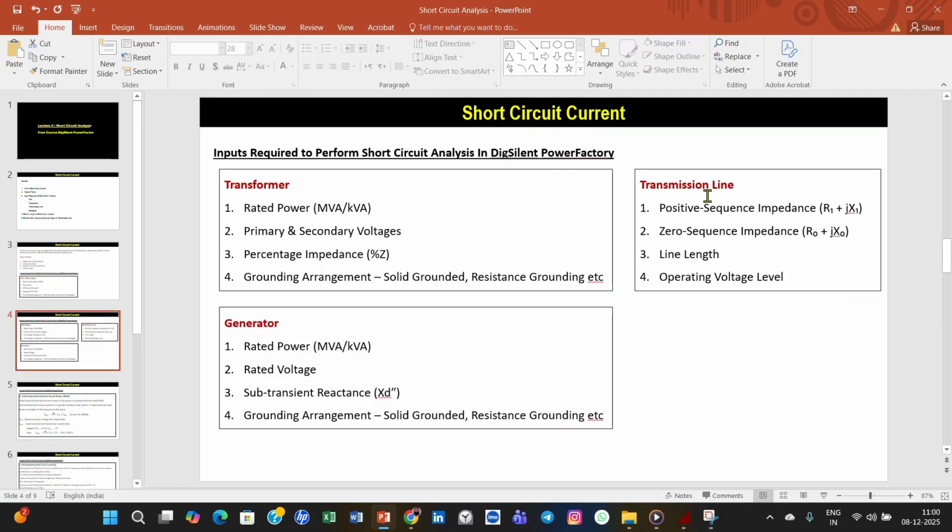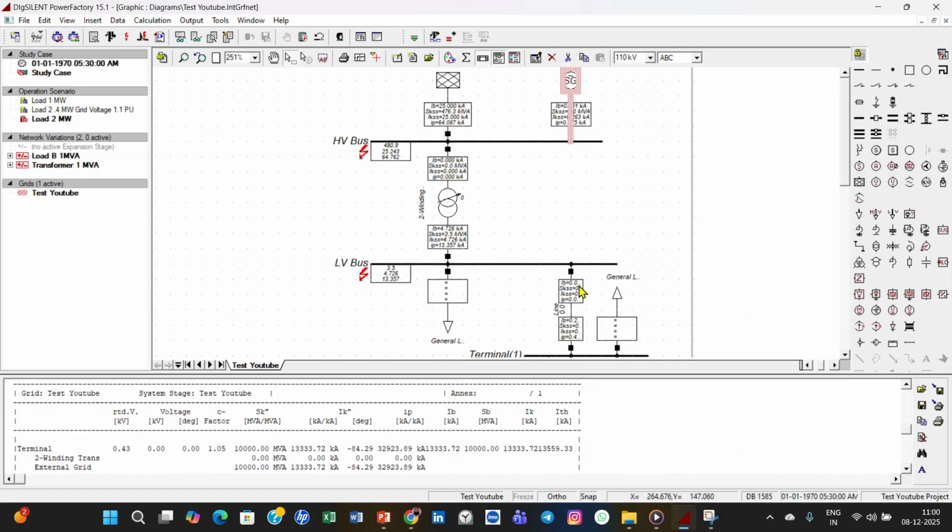Then the transmission line. For the transmission line you have to define the positive sequence impedance, zero sequence impedance, line length, and operating voltage. For that we can go here, this is the transmission line.